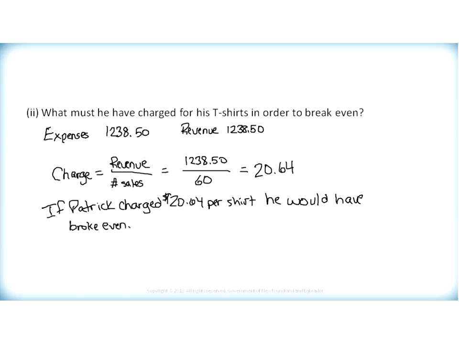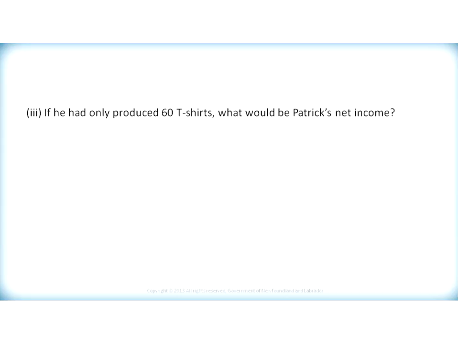Okay, so an extra 65 cents on the t-shirts would have been enough for him to be able to break even. And another question, if he had only produced 60 t-shirts, what would Patrick's net income be then?